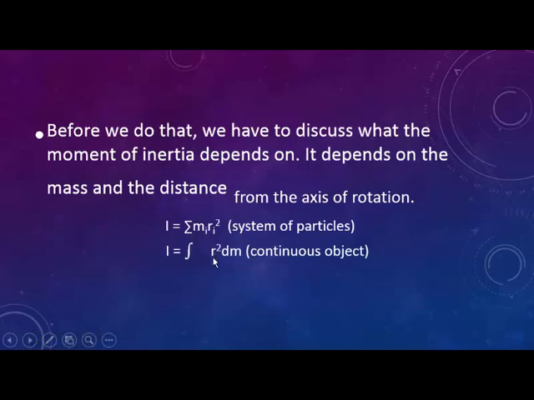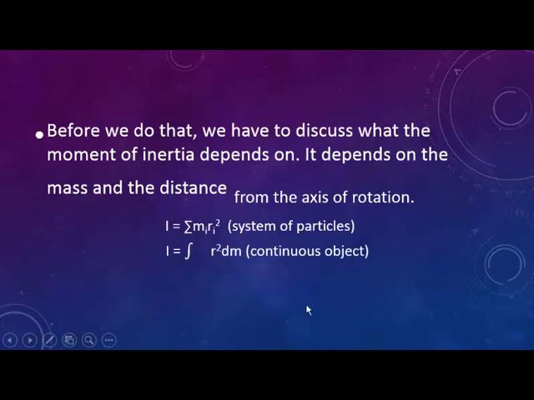All right, this was something that we didn't really touch on that much in class, but the moment of inertia depends on the mass of the object, and it also depends on the distance that object is from the axis of rotation. So for a system of particles, you're looking at a sum of the mass of the particle times r squared, the distance it is from the center of rotation squared.